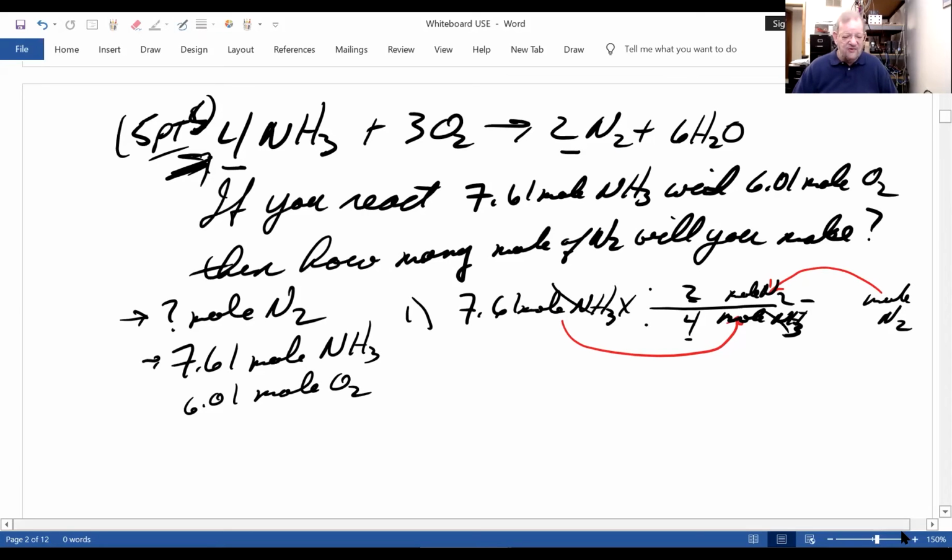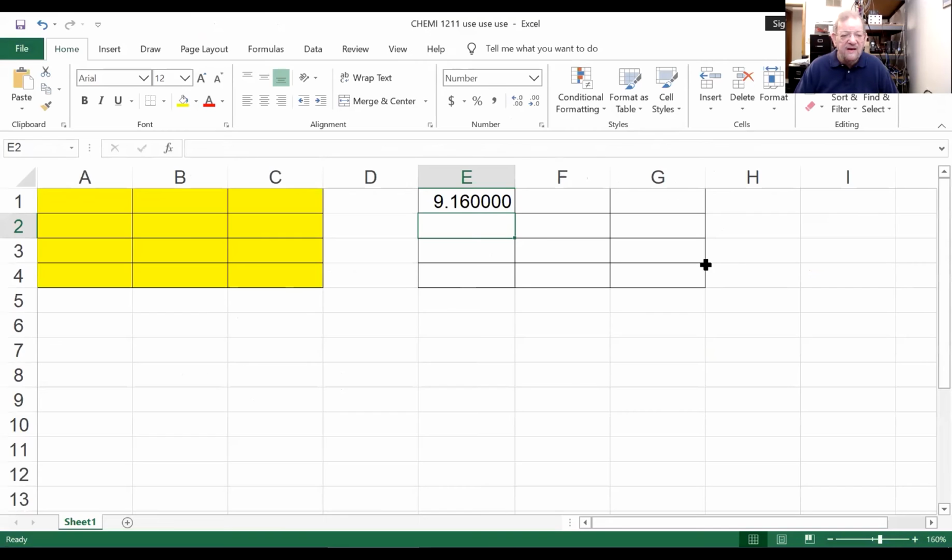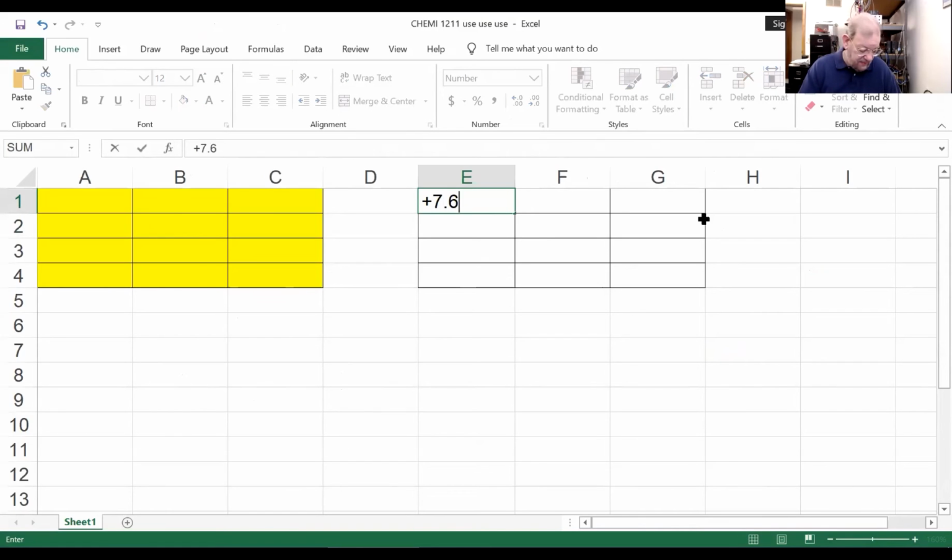I can go to my calculator, which I will now. And to 3 significant figures, that's 3.81 moles.